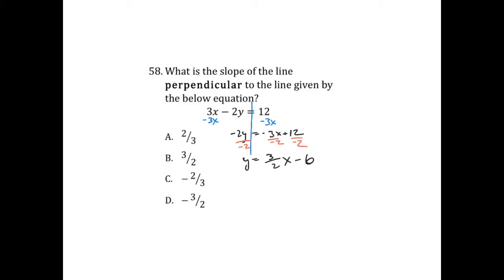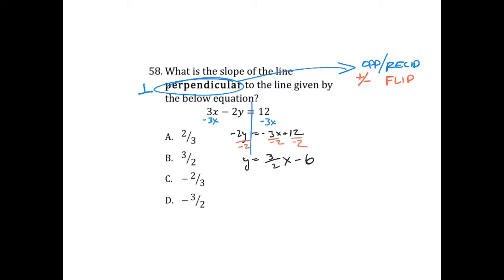This one is slightly different because it says perpendicular, so that has to mean something real special to you. Perpendicular lines don't have the same slope. They have opposite reciprocal slope. That means we got to change the sign and we got to flip it.